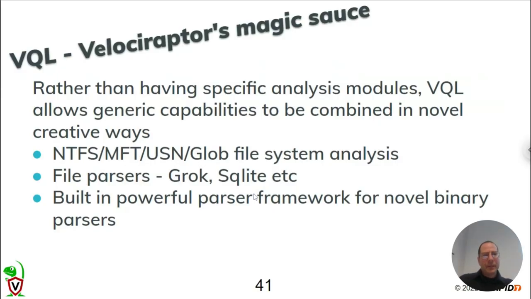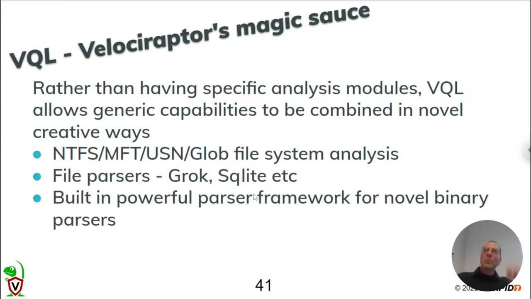All right, so the whole idea with VQL is that it's kind of like a glue language, but then we have some really powerful forensic and other plugins inside that do really powerful analysis. So imagine all your DFIR tools or other tools, right?